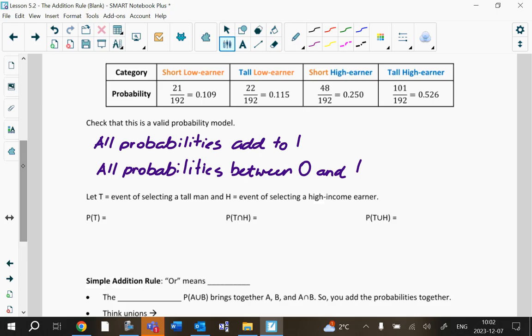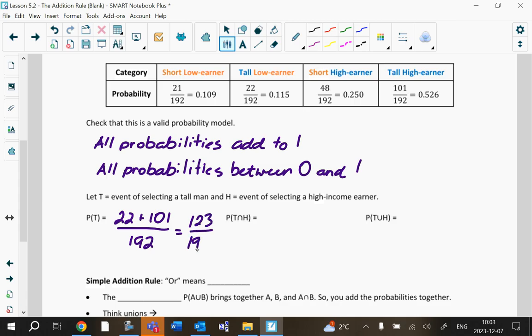Not a tall low earner, not a tall high earner, but just tall. How many are tall? These guys are tall, and so are these guys. So the probability of tall would be 22 plus 101 over 192, which is 123 over 192.